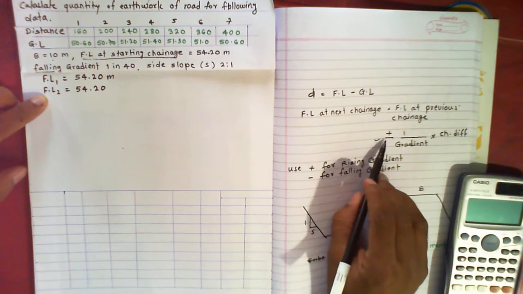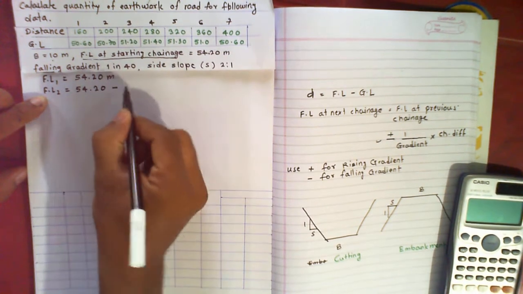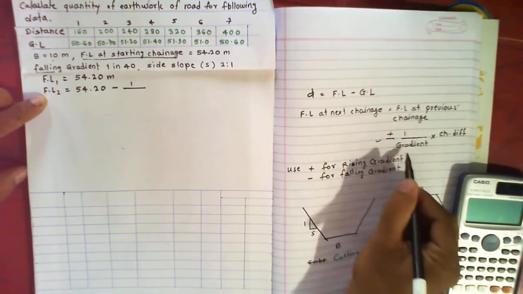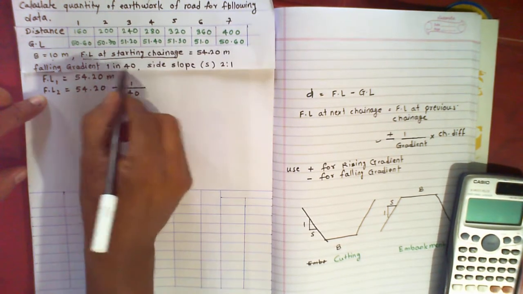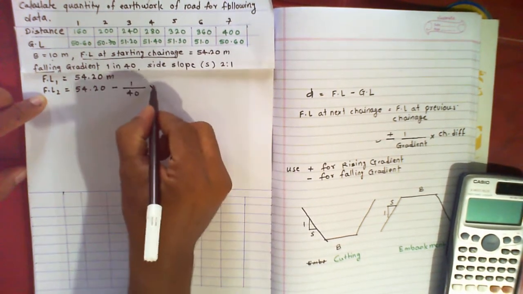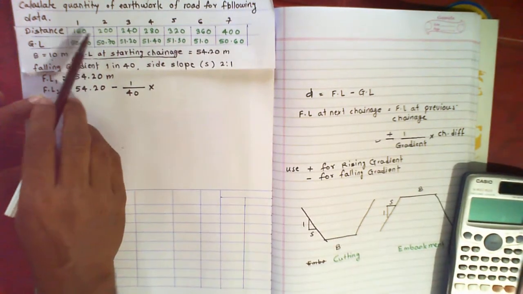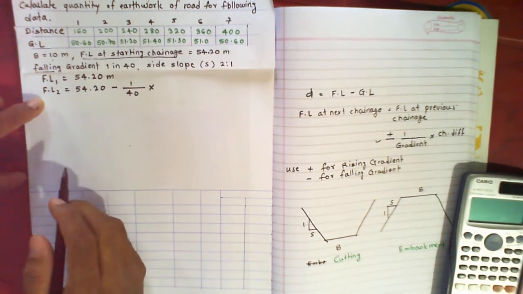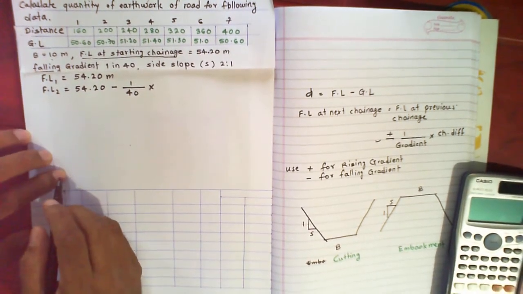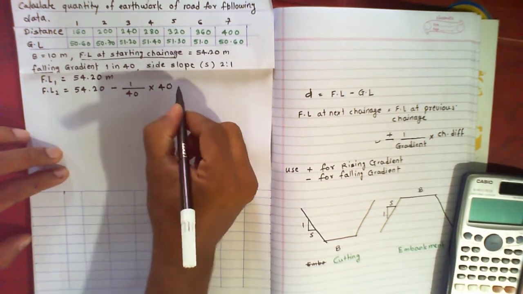We are using minus sign for falling gradient. So 54.20 minus 1 upon gradient, and this gradient is 40, that is 1 upon 40 into chainage difference. So the chainage difference is 200 minus 160, 240 minus 200, 280 minus 240. So the chainage difference is constant, that is an interval of 40 meter. So the chainage difference is 40.